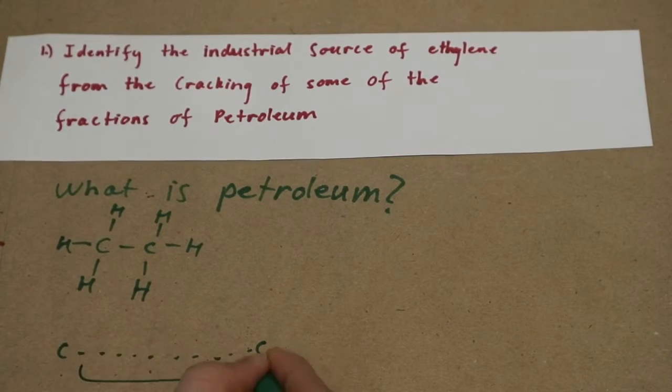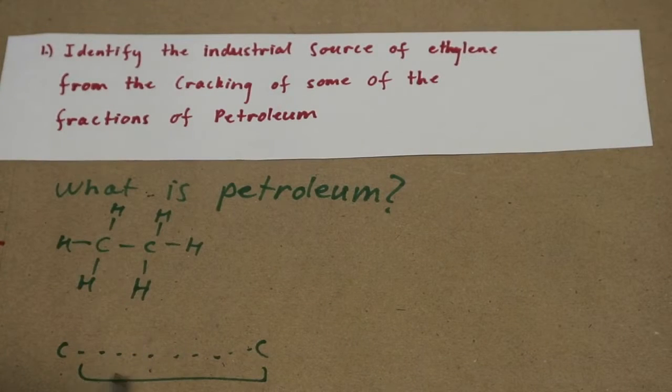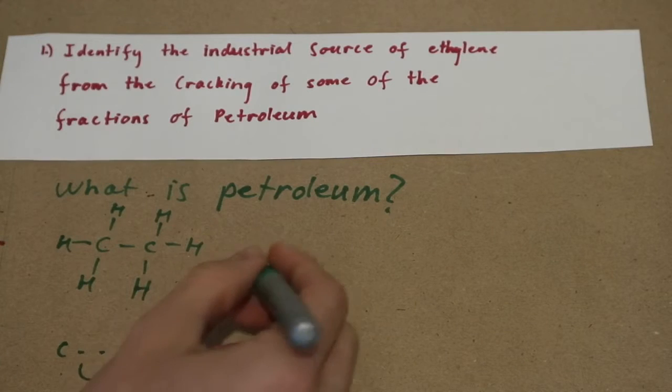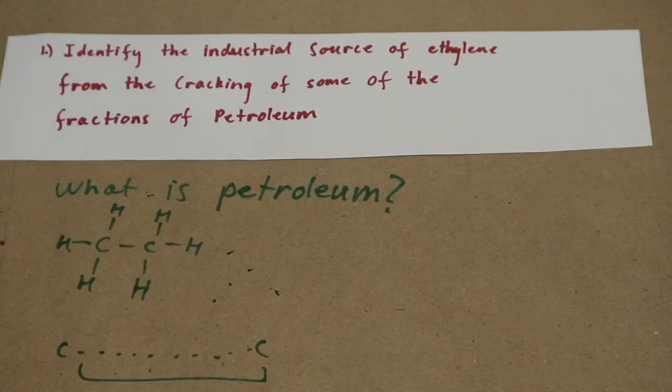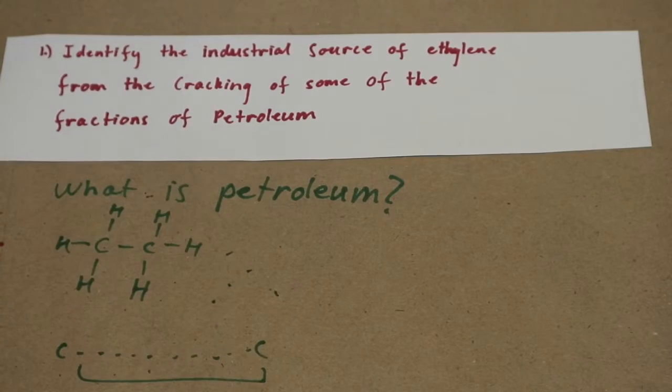So imagine that could be like 20 carbon atoms. Anyway, we'll say this is 20 carbon atoms long along here. And there's everything in between, every length in between. So the key thing is to identify that petroleum is a mixture of different hydrocarbons.